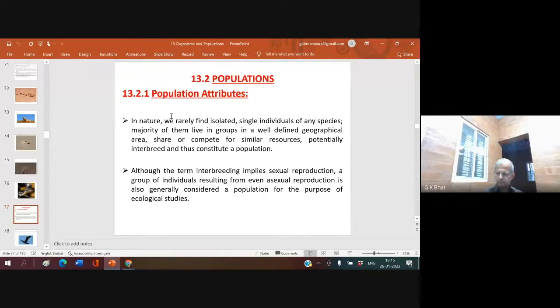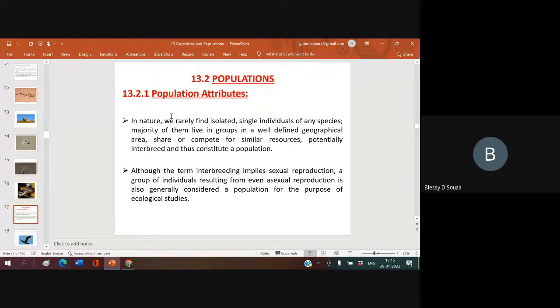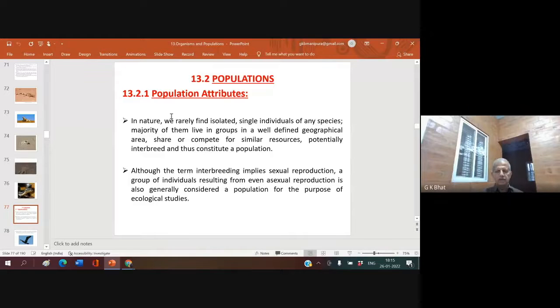And population? Group of species. Who is telling this? Blessy, you are right. Population is a group of interbreeding animals. We say human population. Are we including chimpanzee, gorilla, orangutan, gibbon? No. Human population, cat population, dog population, crow population, bird population.